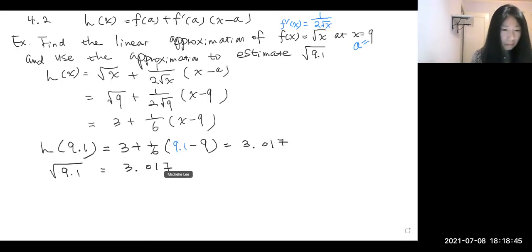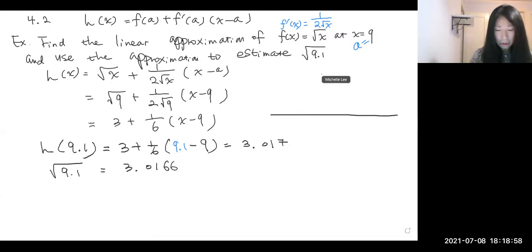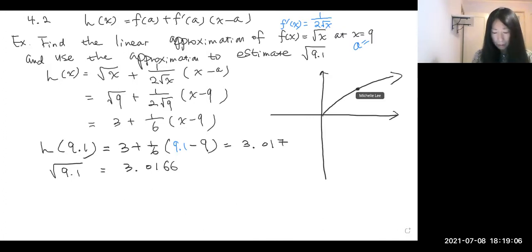Okay. So let me draw this one from the book. So we know the square root of x looks like that, right? Then it's about 9 here. Then we make the tangent line, which is here.